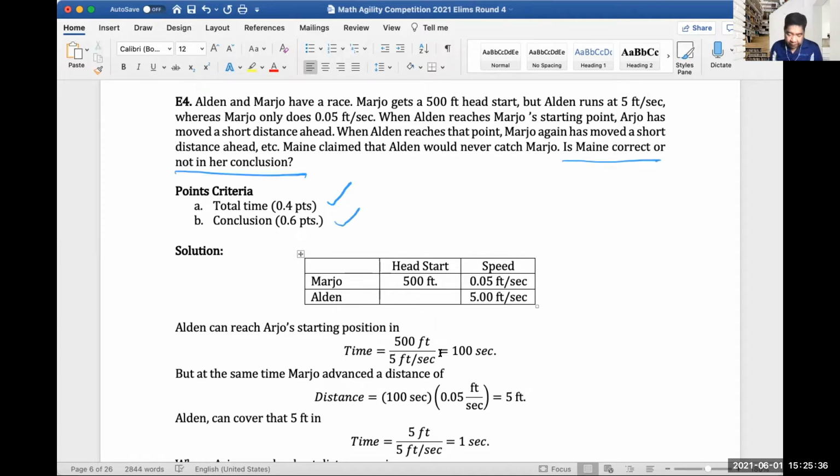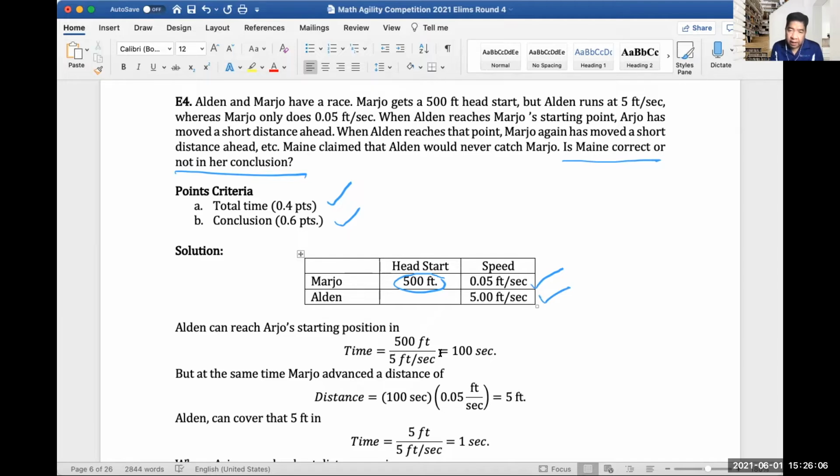Here I created a table for Marjo and Alden's head start and speed. Marjo had a 500-foot head start and his speed is 0.05 feet per second, while Alden has a speed of 5 feet per second. Let's first compute the time Alden takes to reach Marjo's starting position.